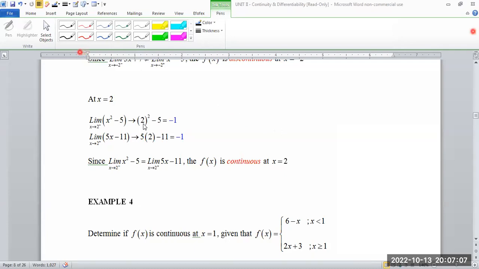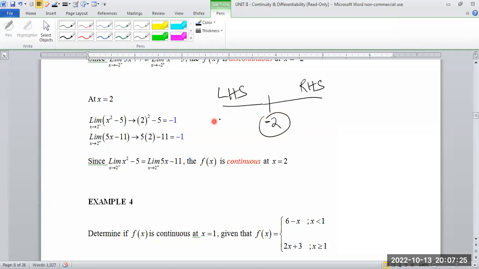No longer -2. All right. Now, this -2 is going to be -2 to the left. That is the left-hand side. -2 to the right is anywhere going this side.